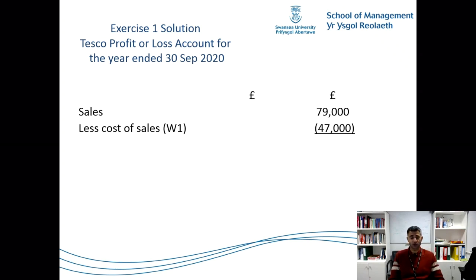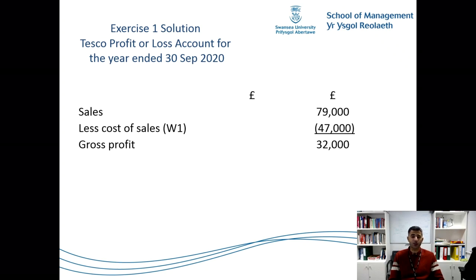Remember that workings are marked, so you need to make them tidy. So 47,000 is the cost of sales, which we've done. Great. So 79,000 minus cost of sales 47,000 equals £32,000 gross profit.